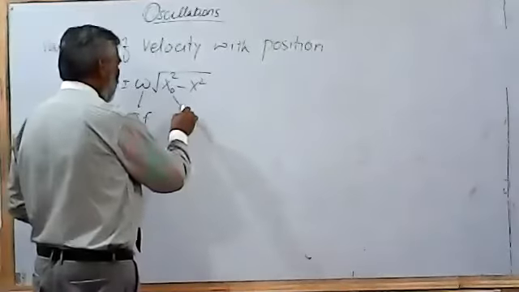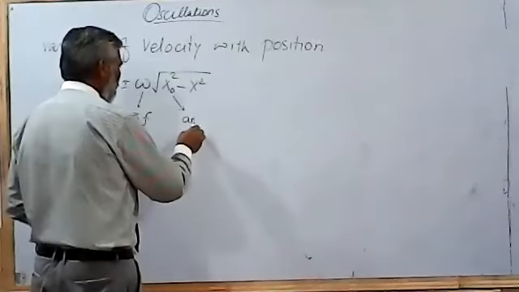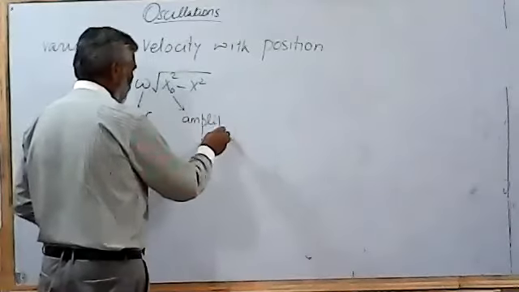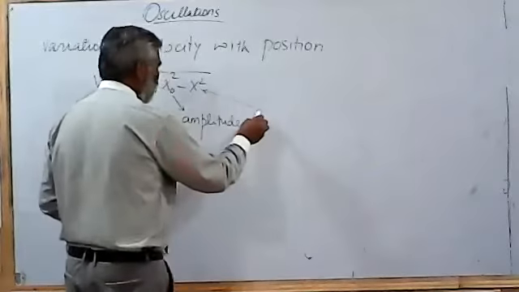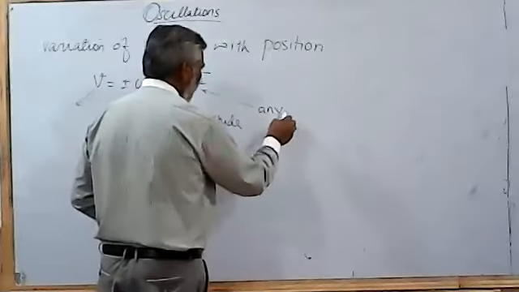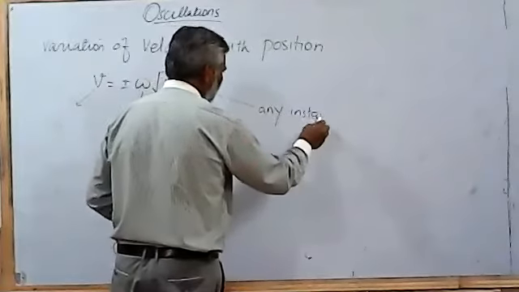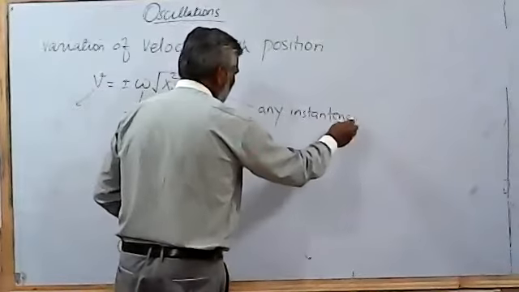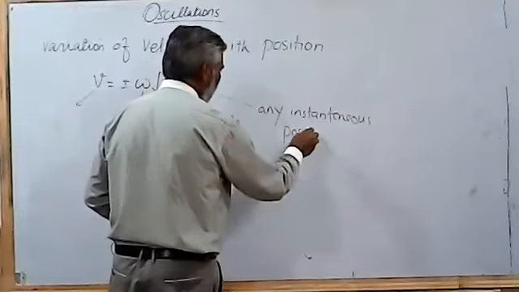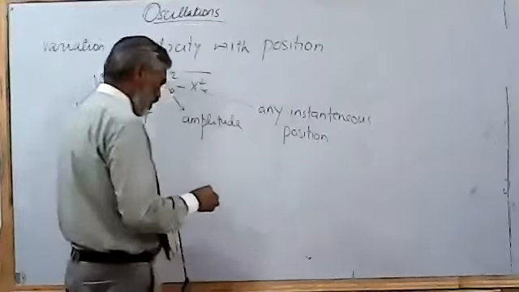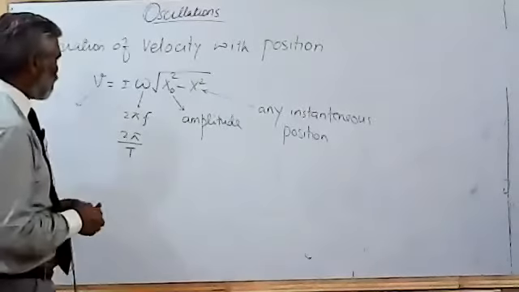This x naught is the extreme position, which means this is the amplitude of oscillation. And this x is any position, any instantaneous position, any momentary value of the displacement x during the oscillation.